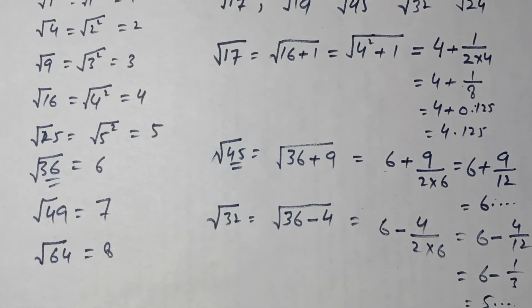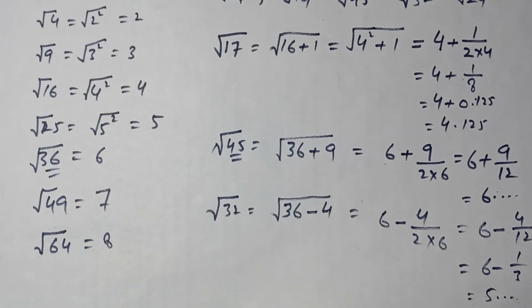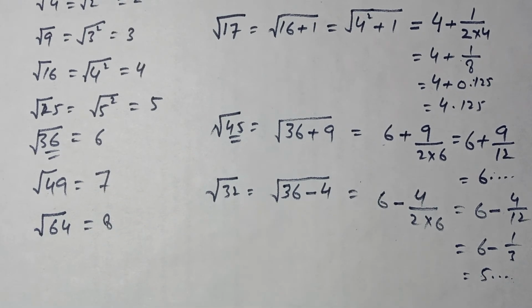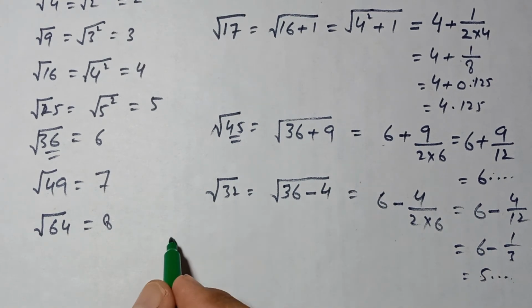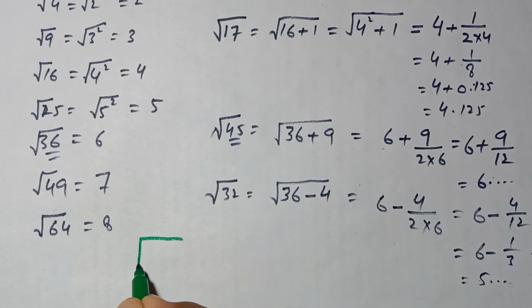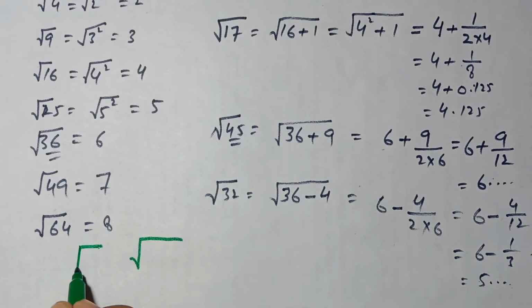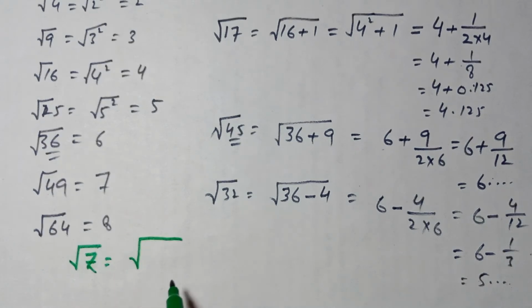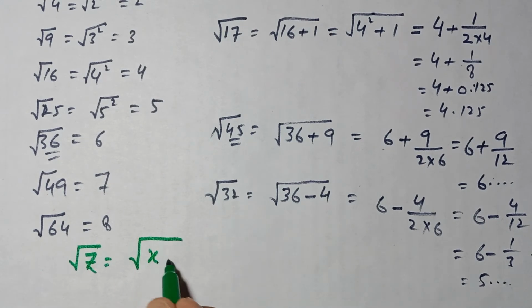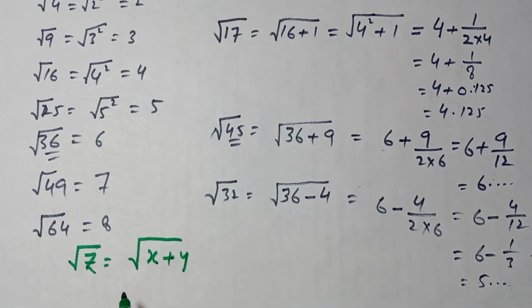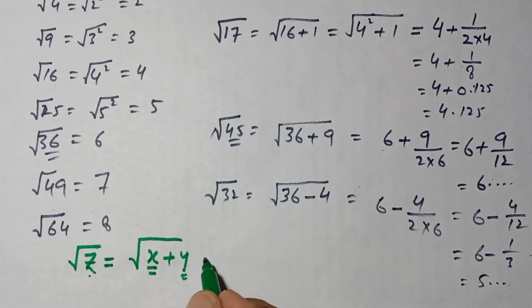And if we write the general formula for a number which is not a perfect square, it is this: if you have a number which is not a perfect square, for example, that number is z. This number can be written in the form of x plus y, where x is a perfect square and y is not a perfect square.